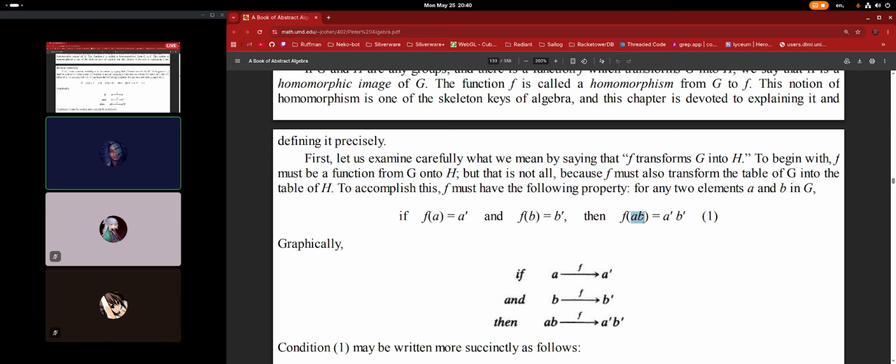Then, you're gonna map the application of the operation of the group to their respective outcomes as well.